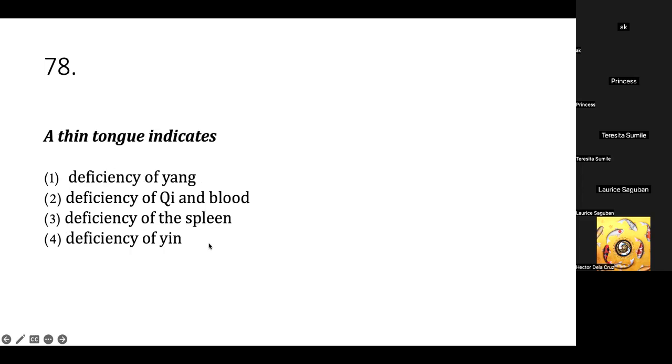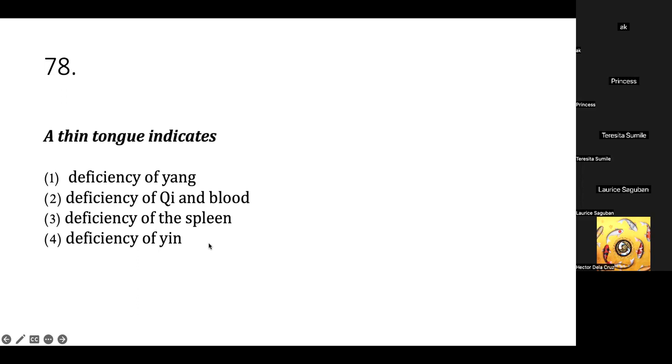Okay, 78. Sir, thin tongue, deficiency. C, 4, deficiency of Qi and blood. At 4, deficiency of Yin. Okay, very good.